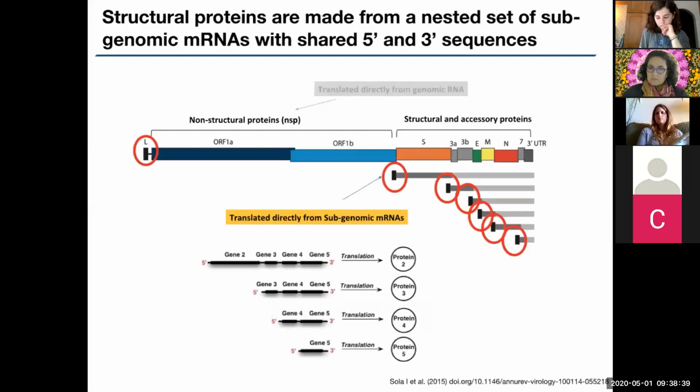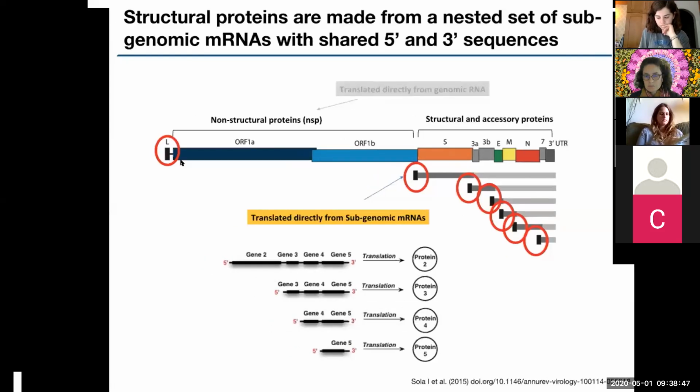So how is it that you are able to get the same sequence, which is not present within this 3' end of the genome? How are you able to fuse that to the ends of each of these subgenomic RNAs? The answer to that underlies how these are produced.